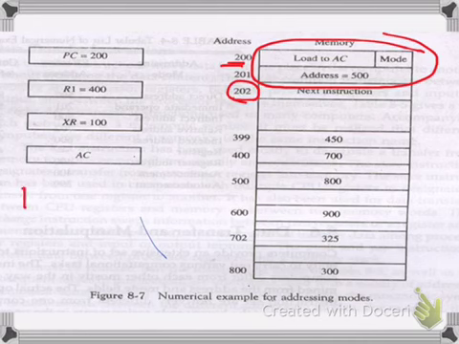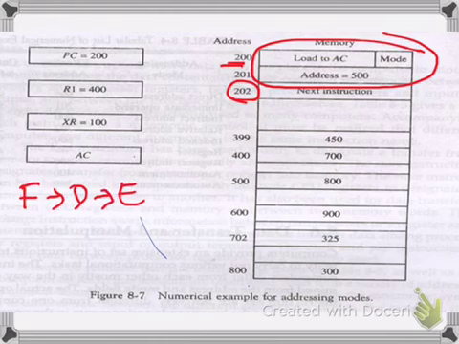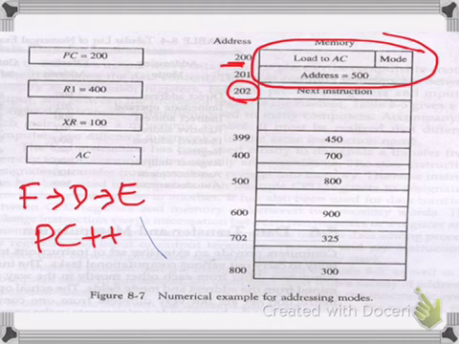If you can recall our fetch, decode, and execute cycle, in the fetch cycle the program counter is incremented to point to the next instruction. So the value of the program counter would not be 200, instead it would be 202. Why not 201? Because location 201 is a part of the instruction. So the next instruction starts at 202.